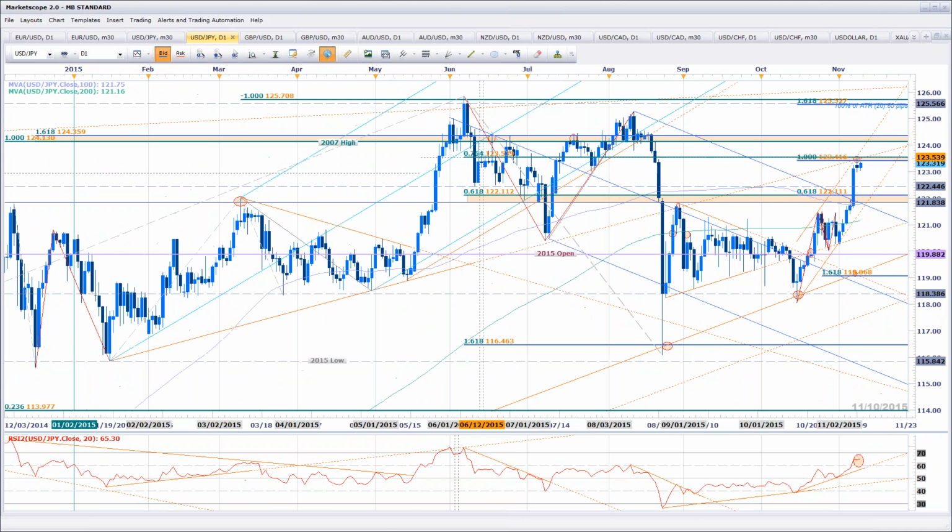Longer dated, 76.4 retracement from the decline of the yearly high into that August low gives you 123.54. If that wasn't enough, just in case, you have a basic trendline support from the yearly low that we made in January. 1, 2, 3 tags. Break, resistance, resistance.